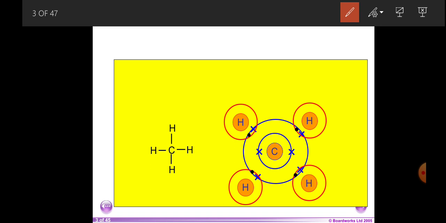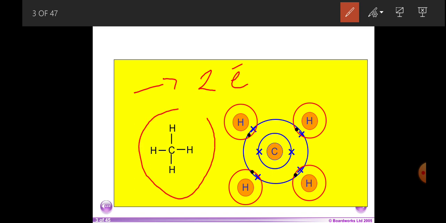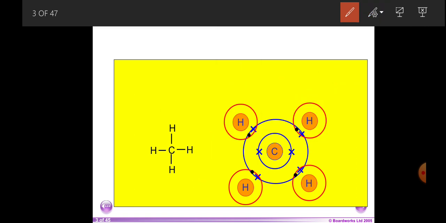Remember that each bond that you see represents 2 electrons, meaning that this particular compound represented by this structure has got 8 electrons, because each bond represents 2 electrons, and in this we have got 4 bonds. So 4 multiplied by 2, we get 8.